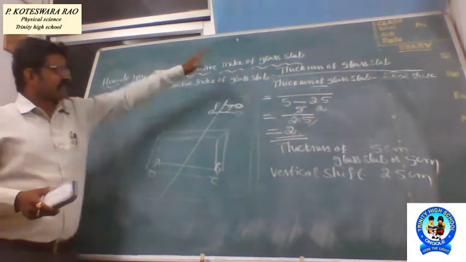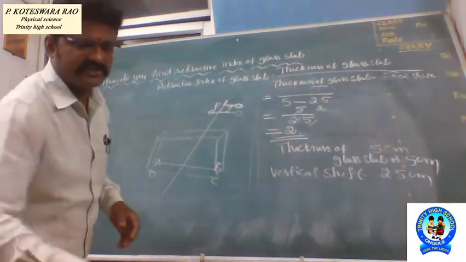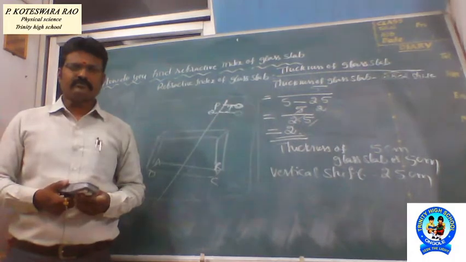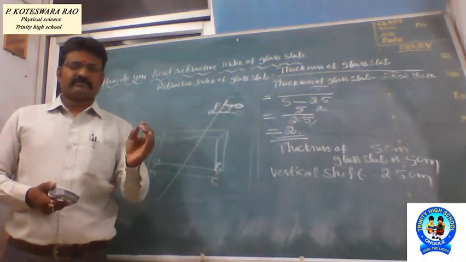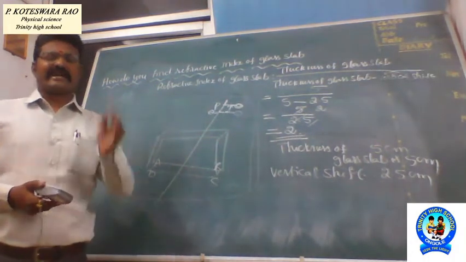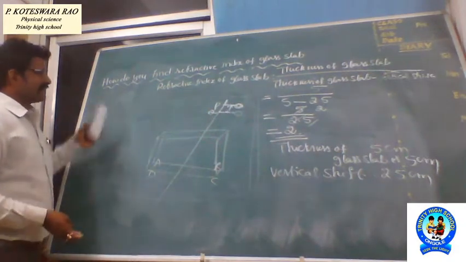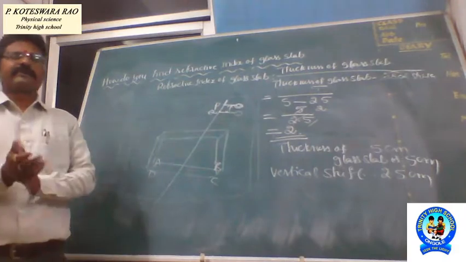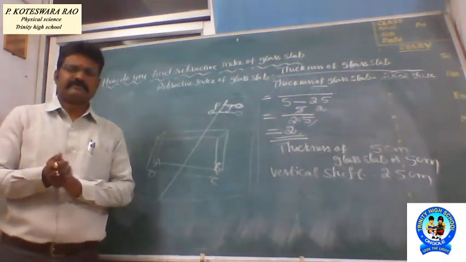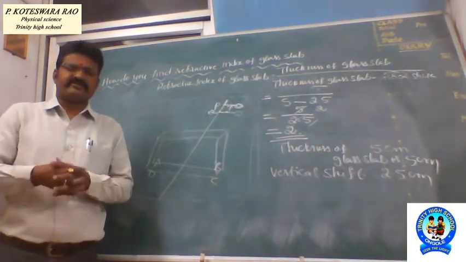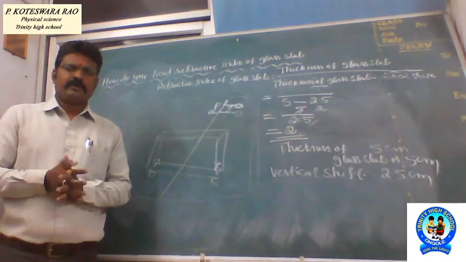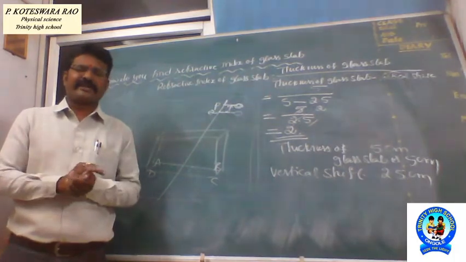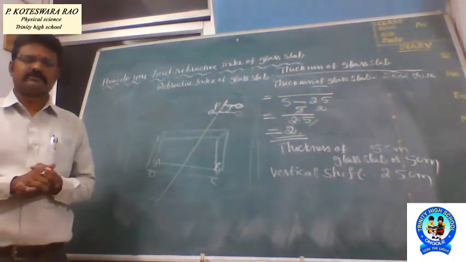How do you find the refractive index of the glass slab? So in this session, listen carefully. We already discussed what happened when a light ray traveled perpendicular to the glass slab, and what its nature is. Second, how do you find lateral shift by using a glass slab?